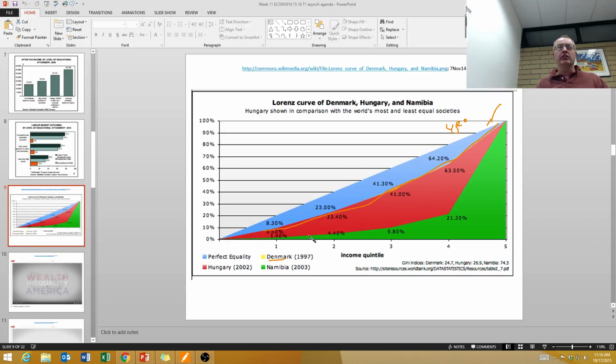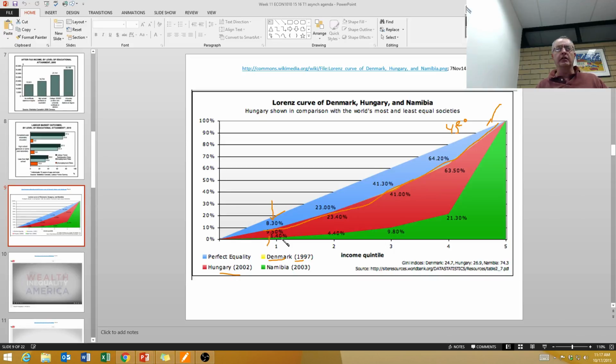And so we can see that there is some income inequality in Denmark. And then we have Hungary in 2002. So here's Hungary, Hungary's the red. Anyways, Denmark in the first quintile of income, that's the lowest 20%, it's 8.3% of the income.